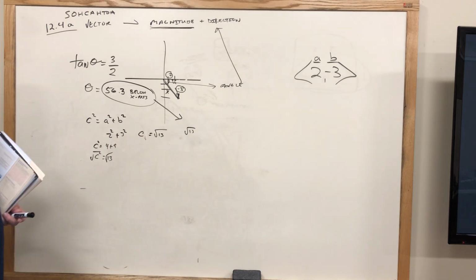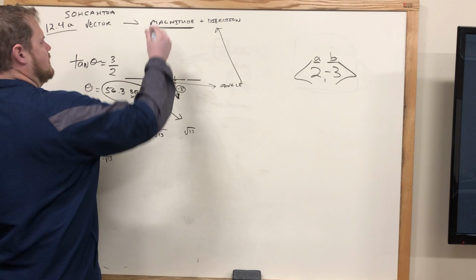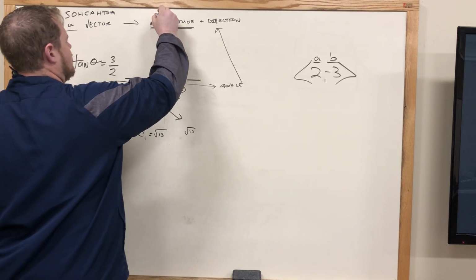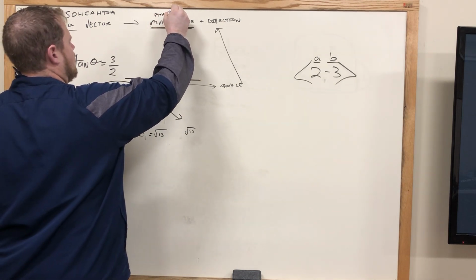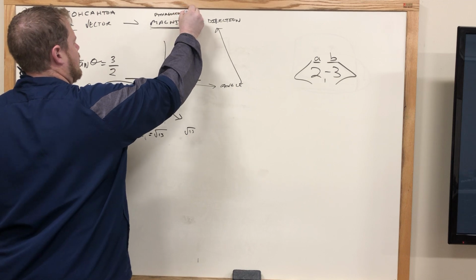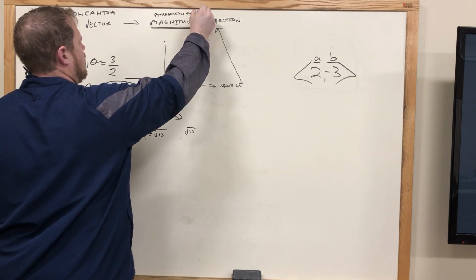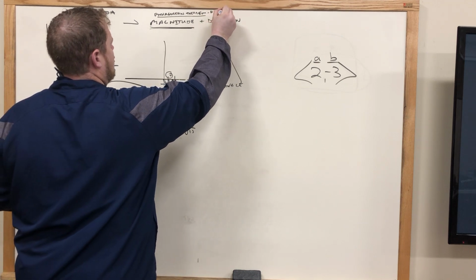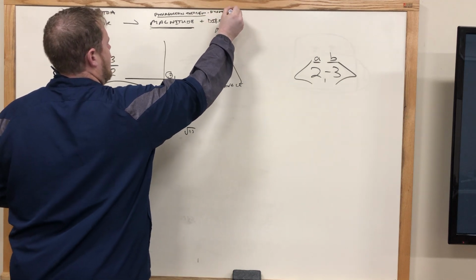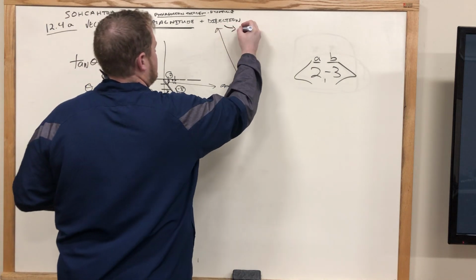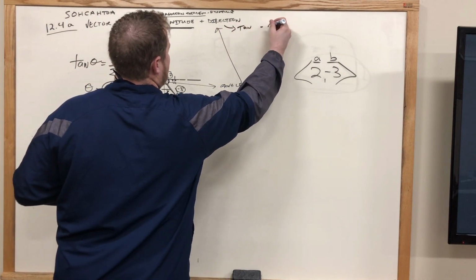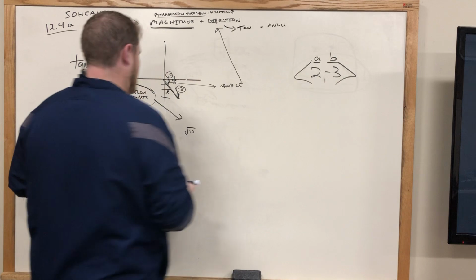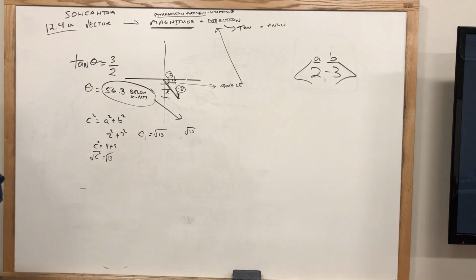So when you're solving these vectors, the magnitude is going to be the Pythagorean theorem, or the hypotenuse, and the direction is going to use tangent because we're looking for the angle.